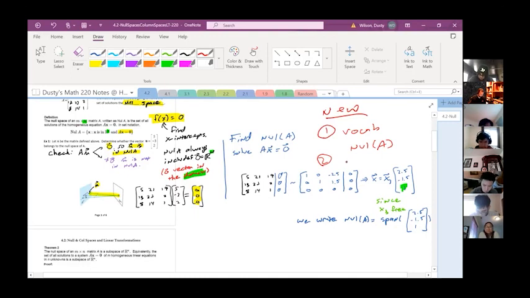So the notation: how do you actually write the answer?